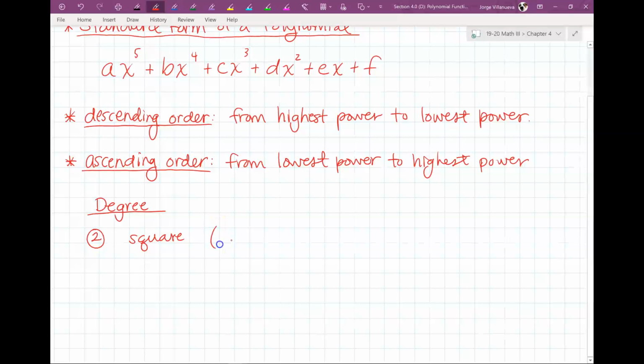Some people will call it quadratic. Now, if it's a power of 3, we call it a cubic. Okay, a power of 4, quartic. A power of 5 will be quintic.